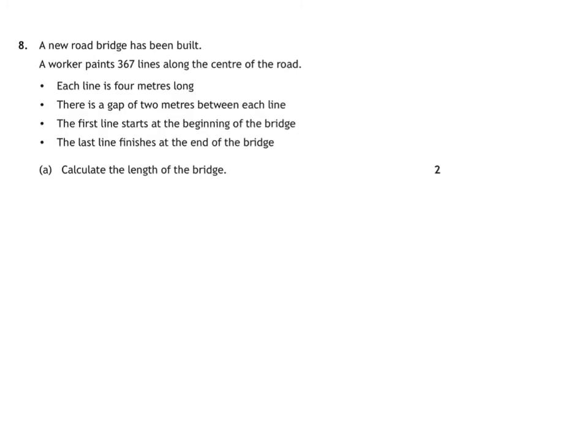So when we're doing this, we have 367 lots of 4 meters, which is our lines. However, we do not have 367 gaps. We only, in fact, have 366 gaps because we're going line, gap, all the way to the end where we just have a line but no gap.